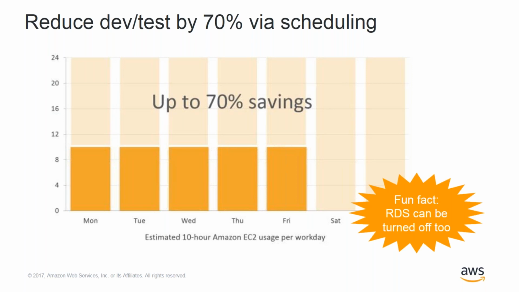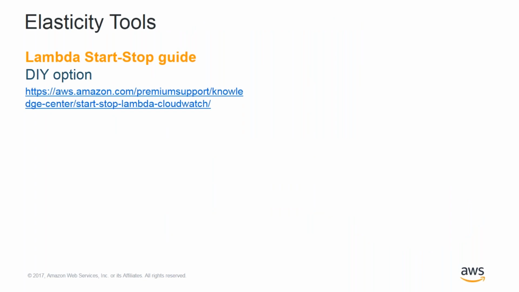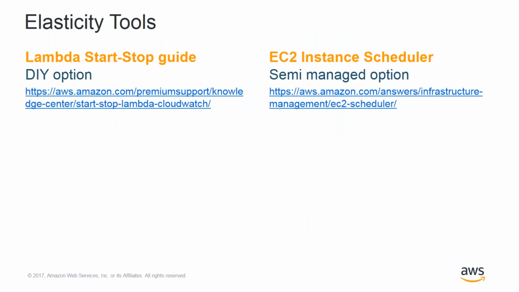Newly launched this year is also RDS databases, and they can be turned off as well, so they can experience similar savings to this. And so some tools that help in the space include a Lambda Start-Stop guide, an EC2 instance scheduler, which I'll demonstrate shortly.